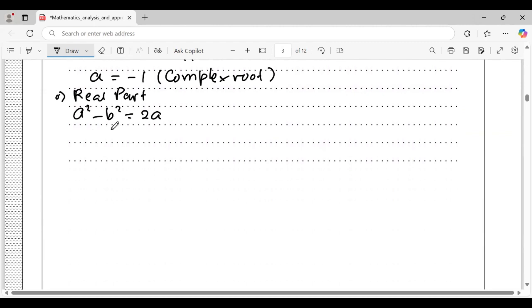So substitute a equals minus 1: minus 1 squared minus b squared equals minus 2, because we substitute minus 1 for a. So 1 minus b squared equals minus 2. So b squared equals 2 plus 1, 3. So b equals plus or minus square root 3. Right. And this is the complex root as well.